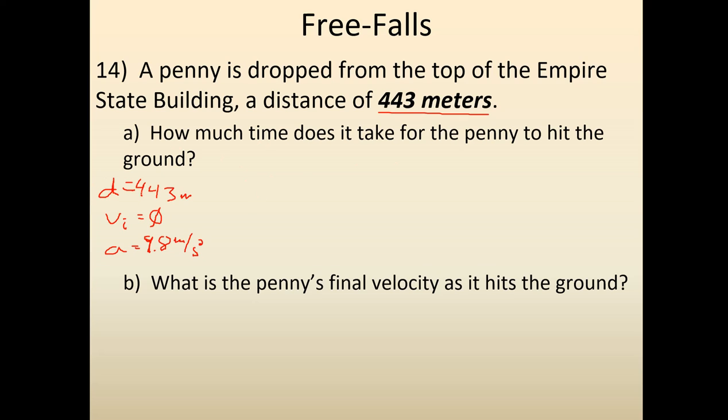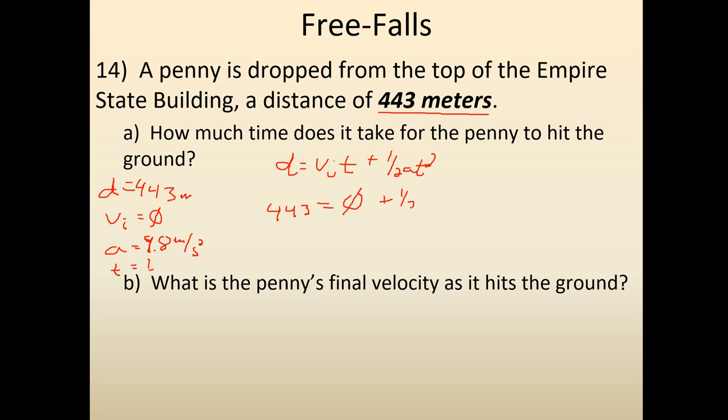All right, so they're looking for the time. Based off of what I have, d, v, i, a, t, I'm going to use the magic d equation. D equals v_i t plus 1/2 a t squared. I'm going to plug in my numbers, 443. Just to make my life easy, I'm going to immediately cancel this entire section out because it's zero.